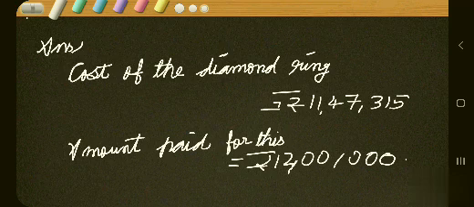What we have to find? Yes, the amount that has to be given back, isn't it? How can we find the amount that has to be given back? We have to subtract 11 lakh 47,315 from 12 lakh, isn't it? Okay, just write.